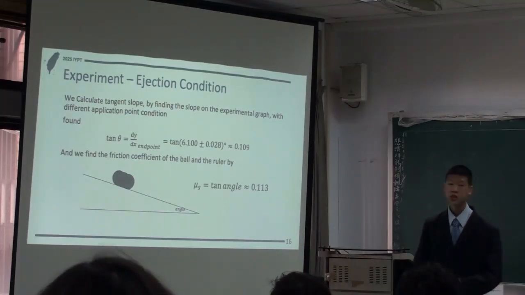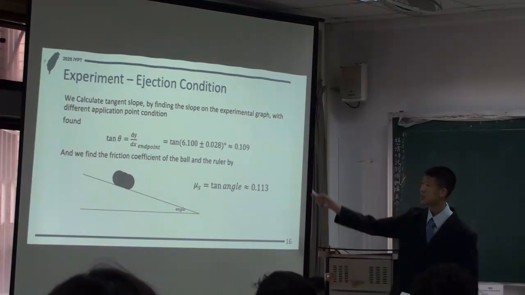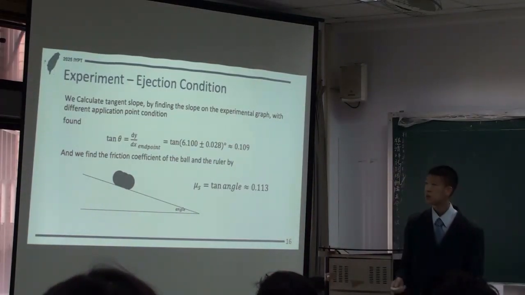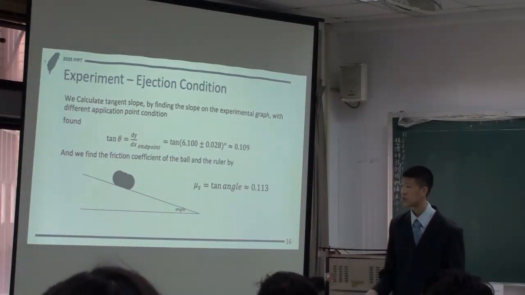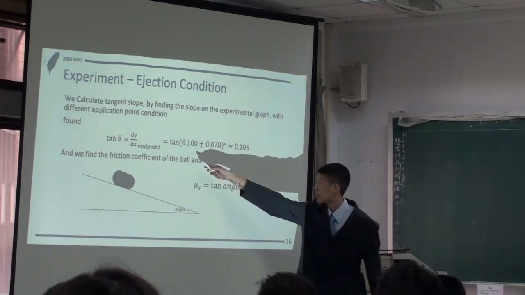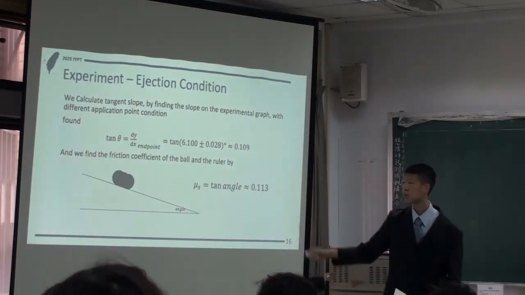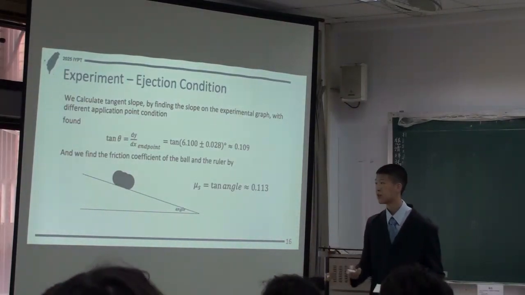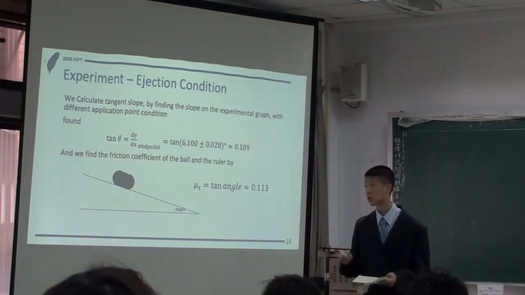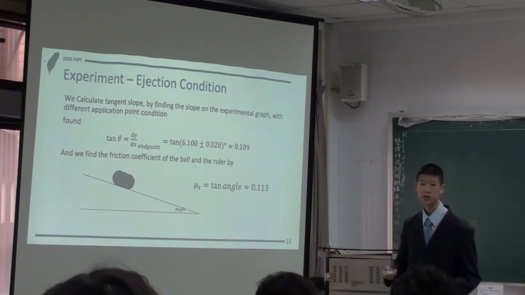And for the ejection condition, we calculate many tangent slopes to find that the tangent slope is about 0.109, and we have to find the friction coefficient to check if our theory is right.